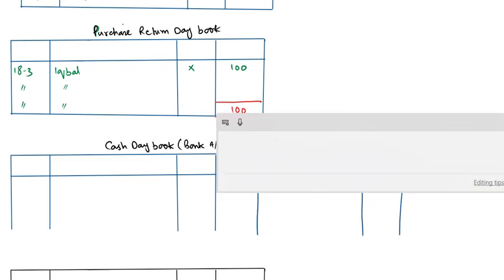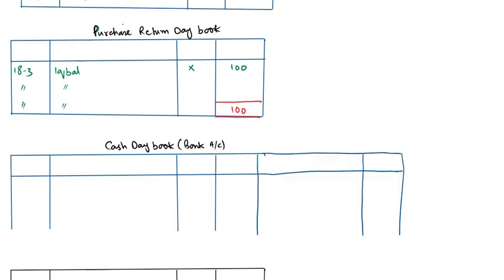So this is the debit side of the cash day book, and here is the credit side. This is the date column, and here we will record descriptions or particulars.